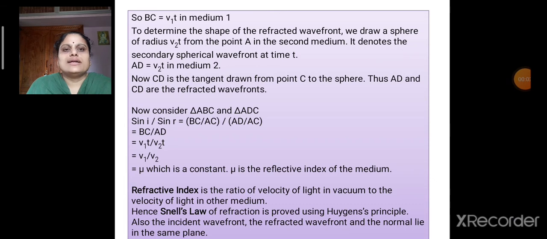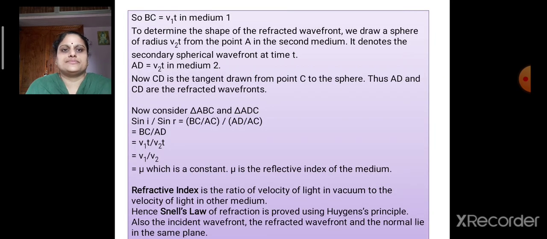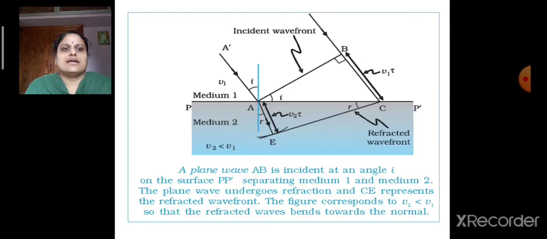Now taking sin I and sin R from triangles ABC and AEC, take triangle ABC first, sin I will be equivalent to V1 tau divided by AC, and taking triangle AEC, sin R will be equivalent to V2 tau divided by AC.